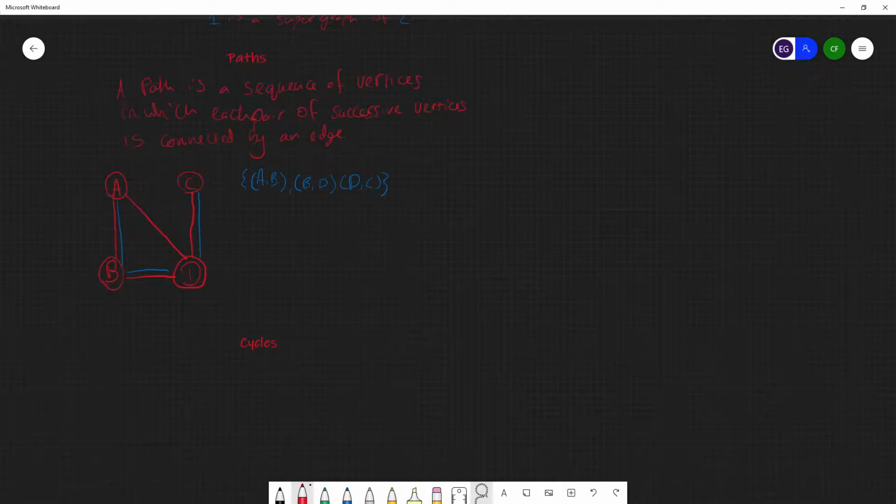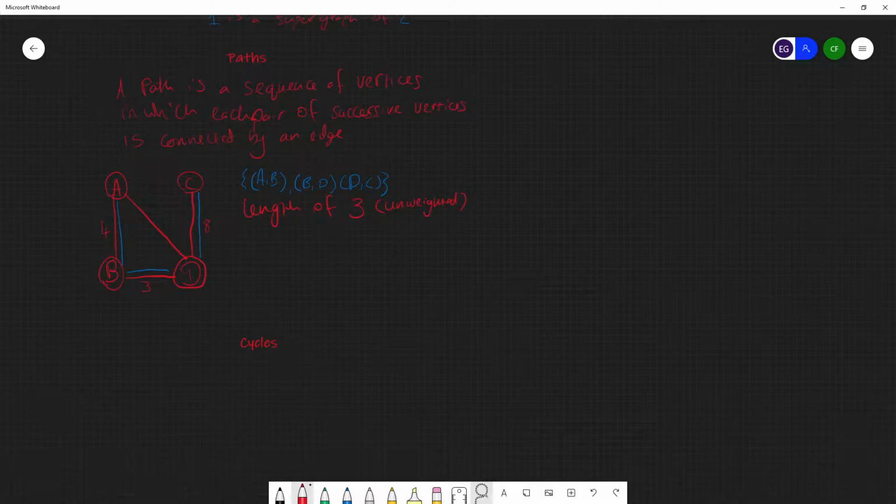And so this can have a number of attributes. We can say this path has a length of 3 as it passes 3 edges. We can sometimes say the length refers to the weight of the edges. So let's just call this unweighted. Let's give it a weight: 4, 3, 8.